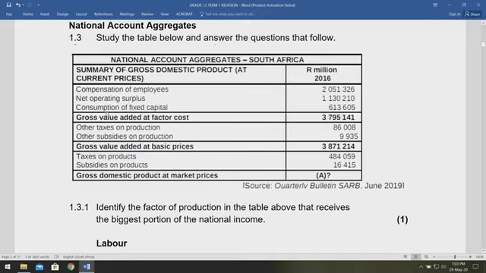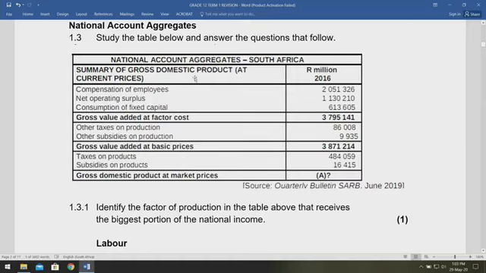So from this, I can see compensation, wages and salaries, that's labor. Net operating surplus, another term for it is profit, which refers to entrepreneurship. So here I'm dealing, once again, with factors of production. So if I'm dealing here with factors of production, I already know which method we are dealing with here.